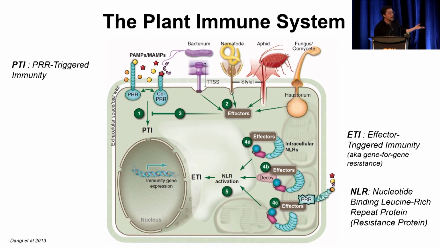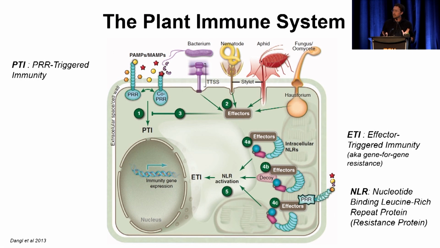These are nucleotide-binding, leucine-rich repeat proteins that recognize effectors and then mount a very strong, amplified immune response that protects plants against pathogens. Because there's something wrong. If a pathogen has injected an effector into a plant cell, it's time to take this seriously and kill off that pathogen. And that's what effector-triggered immunity, or gene-for-gene resistance, does.